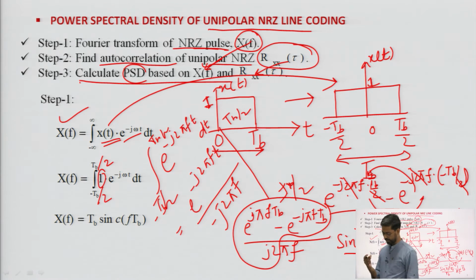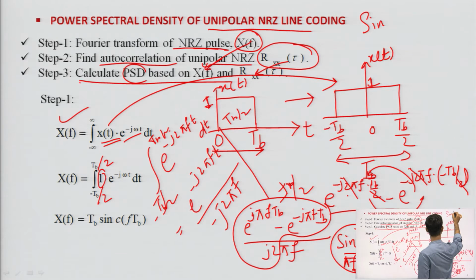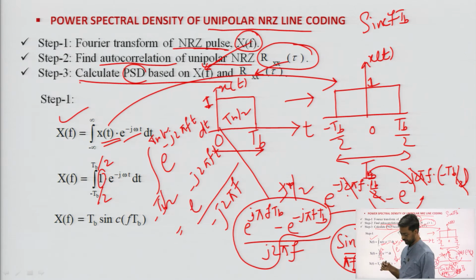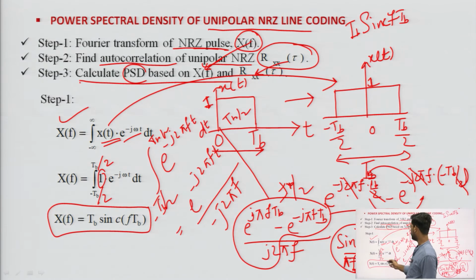So sine pi f TB divided by pi f TB is nothing but sinc of f TB, and multiplied by TB. So I got X of f as TB multiplied by sinc of f TB.